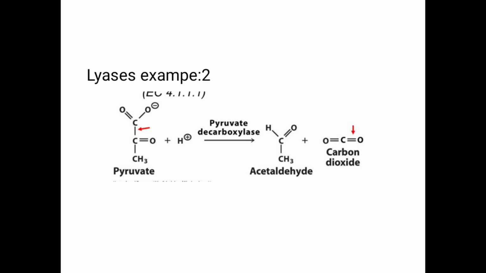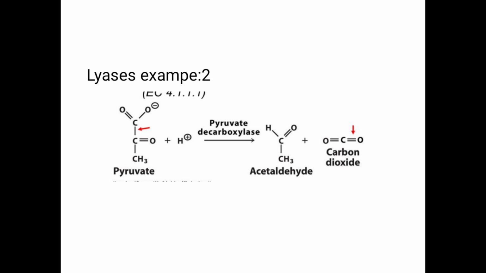Pyruvate gives acetaldehyde, which has a CHO group, so it's an aldehyde, and carbon dioxide is removed from pyruvate.